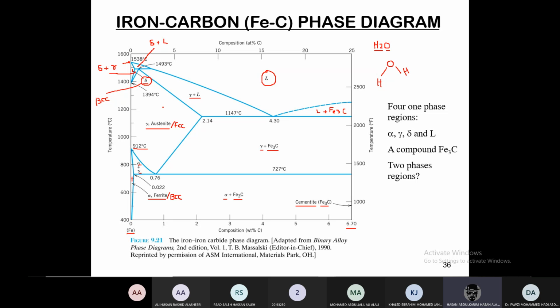Because we know them. We know that the gamma is FCC, and you did not study that in chapter 3. We look at it through X-ray, we can see you have a heart.